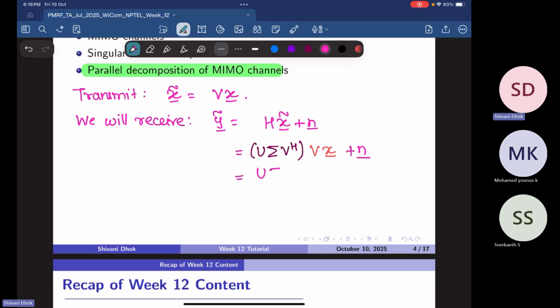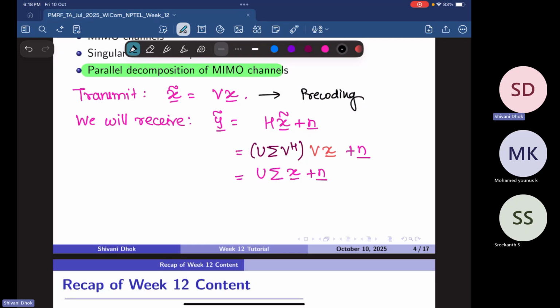So what we are left with is U sigma X plus N. This first step is known as pre-coding.